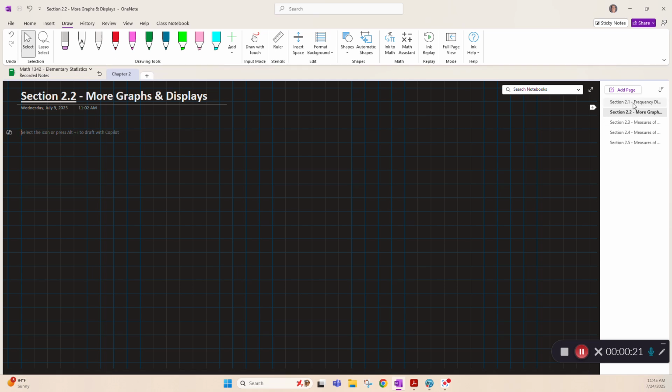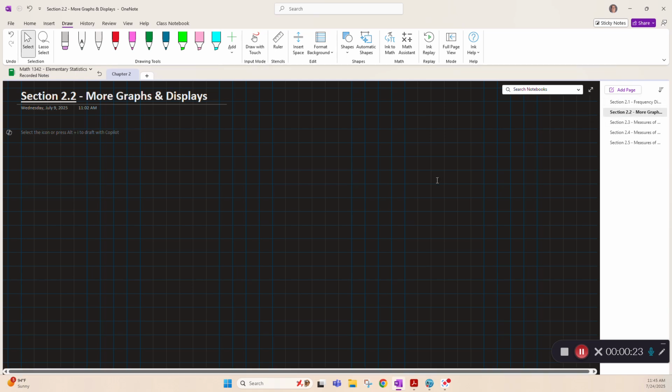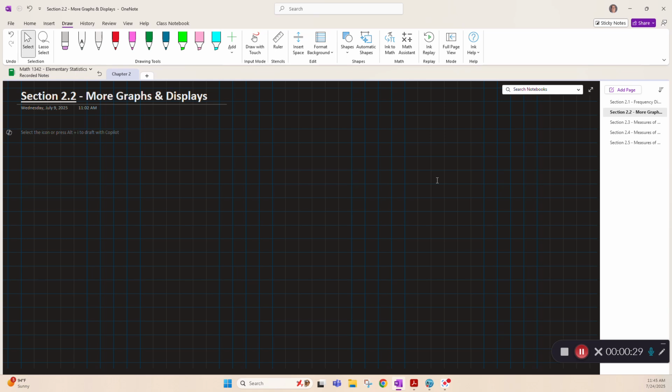So for this section, section 2.2, we're going to be looking at things like stem and leaf plots, pie charts, dot plots, scatter plots. These are all things that you've probably seen before. I say all. Most of them will be things you've seen before. We're just kind of lumping them all into one section.